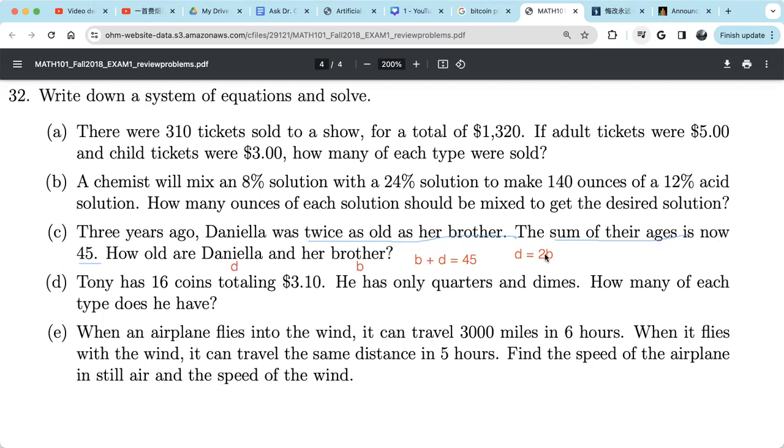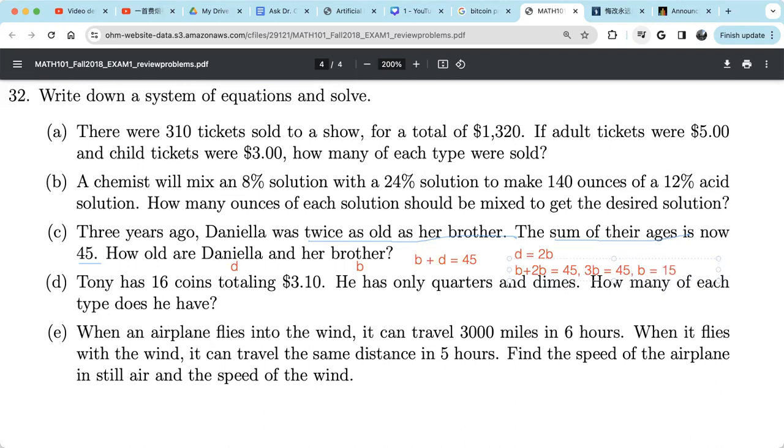Substitute 2B for D: B plus 2B equals 45. B plus 2B is 3B, so 3B equals 45. Then we divide both sides by 3, so B equals 15.